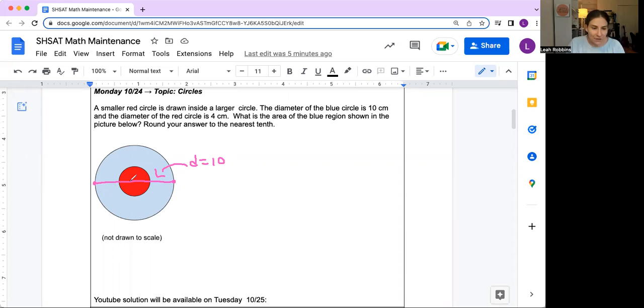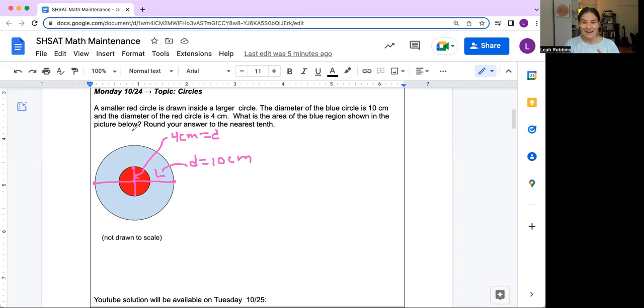And the diameter of the smaller red circle, going across in any direction, will be 4 centimeters. What is the area of the blue region shown in the picture below?